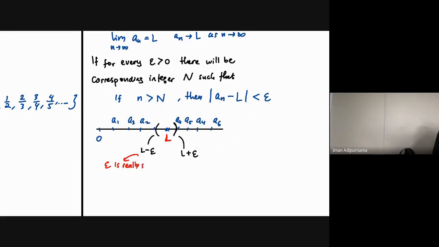And around this L are some terms of the sequence, defined by the integers.